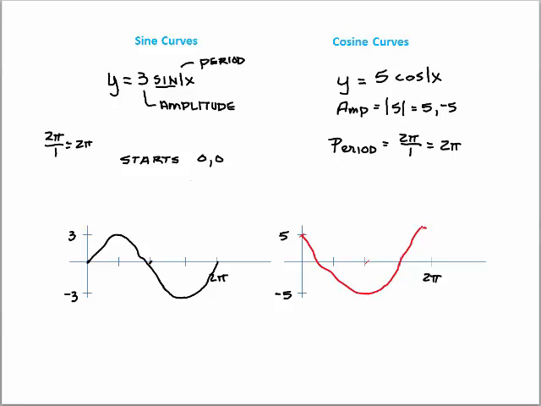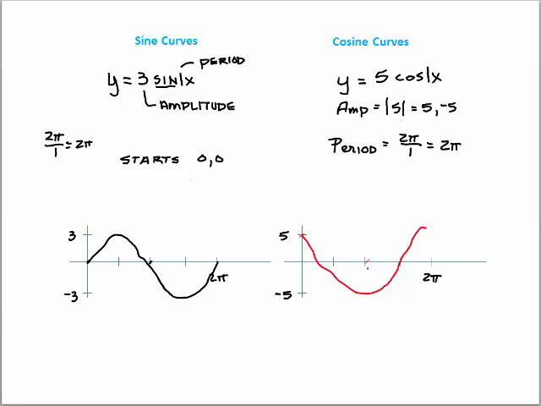Here we are. One wave didn't quite hit that right. That should have crossed right there. But it makes one wave within 2 pi.